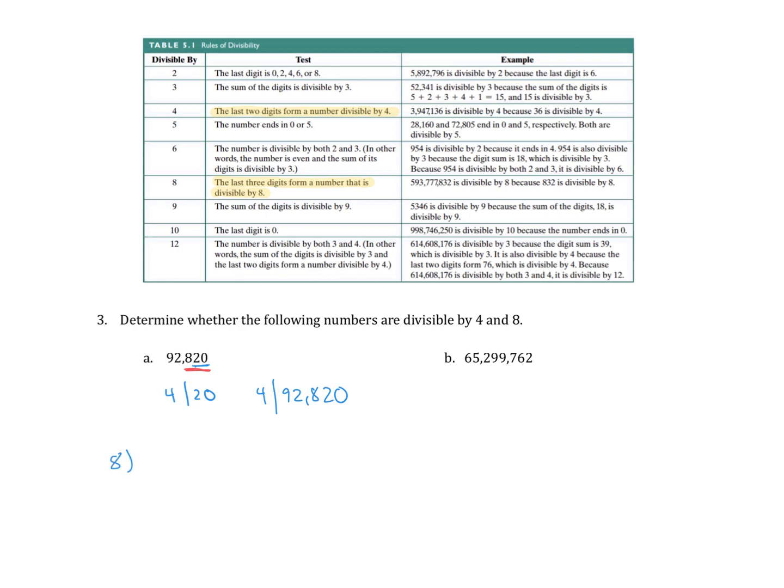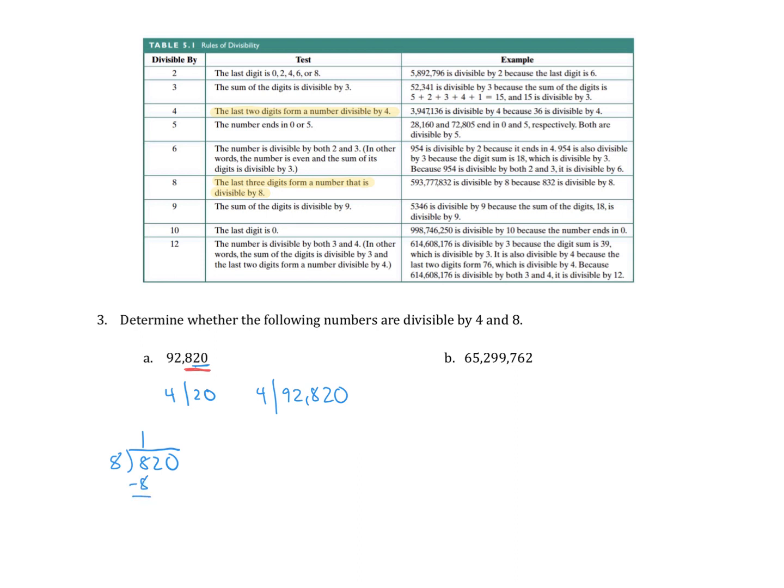If we want to know if 8 goes into 820, I write it like that. I ask myself how many times 8 goes into 8, and it goes in once. And then I multiply 1 times 8, which is 8.